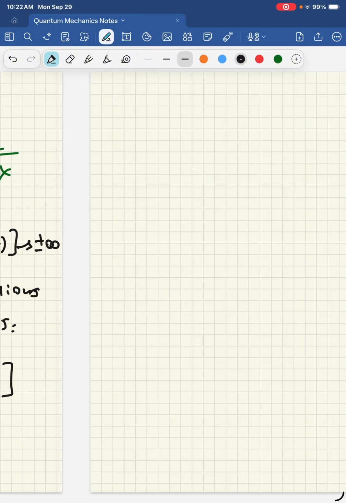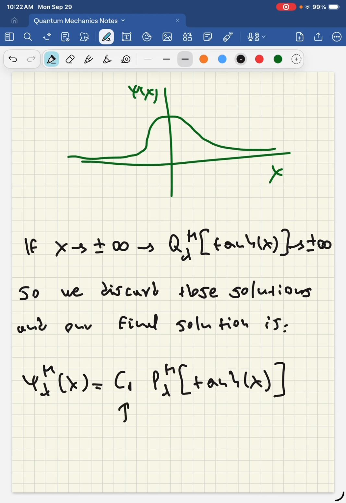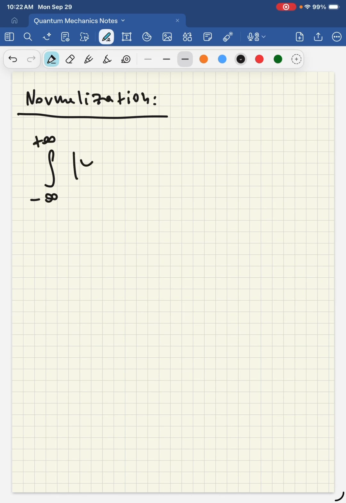In other words, we want to find the value of this c1. So, normalization. The integral from minus infinity to plus infinity of psi lambda mu of x squared dx must be 1.